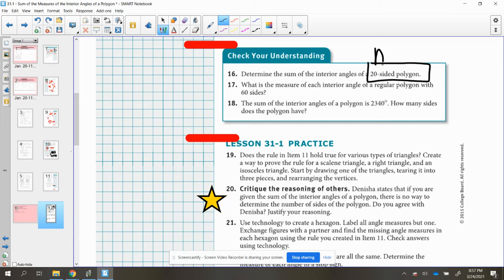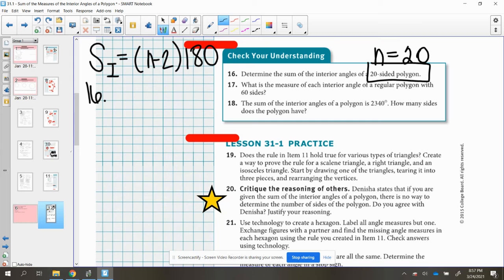Well, that means the number of sides is 20. And again, our big formula of the day is the sum of the interior angles is n minus 2, the number of sides minus 2, times 180 degrees. So we're going to use this to help us figure out the 20-sided polygon's sum, right?